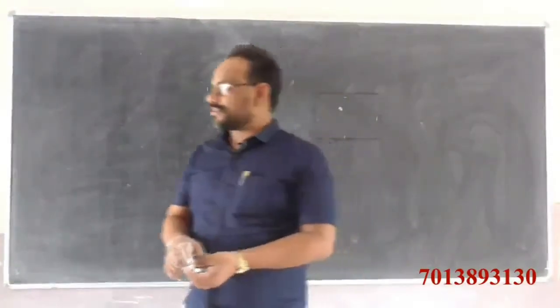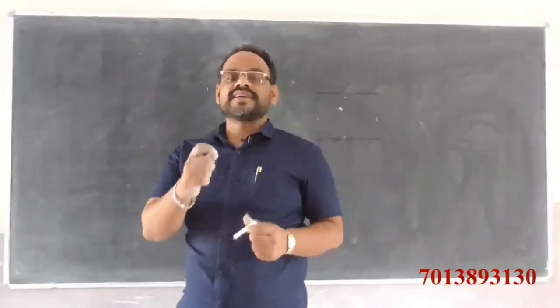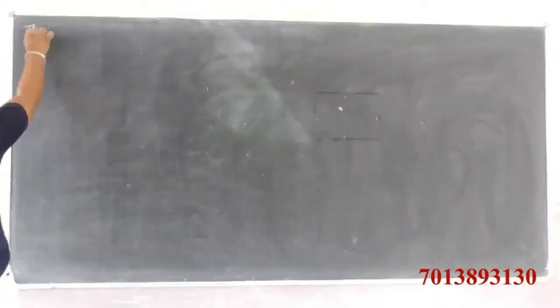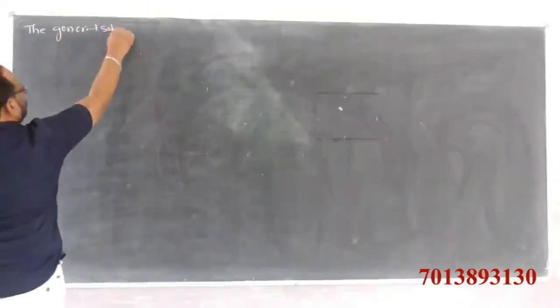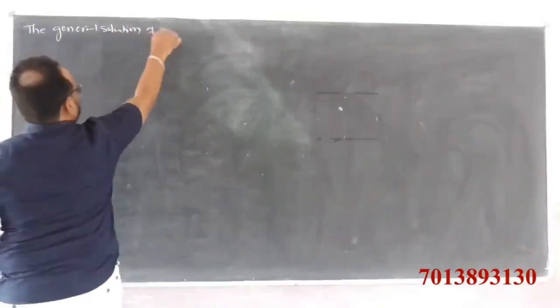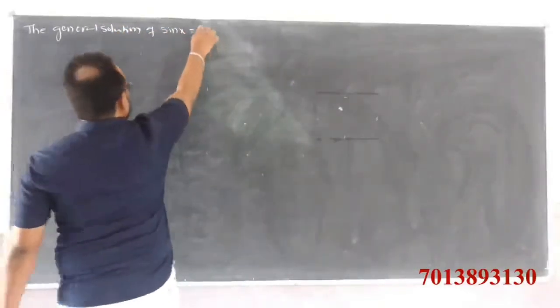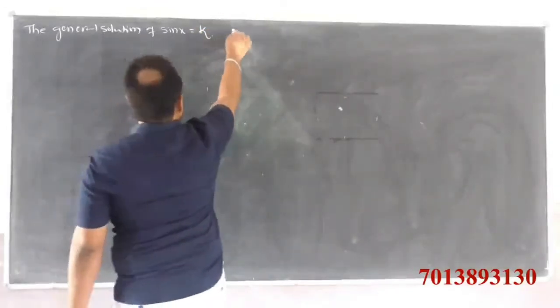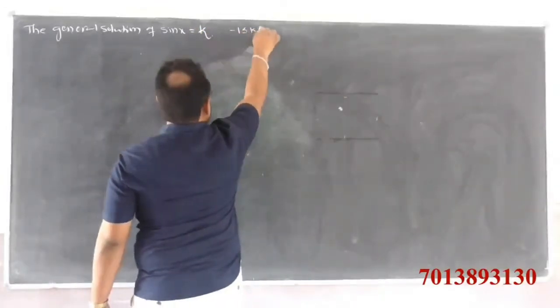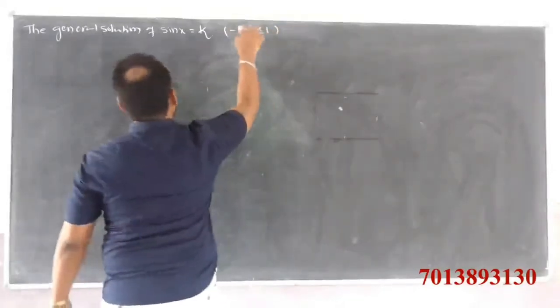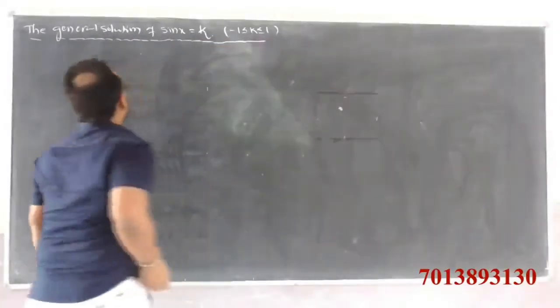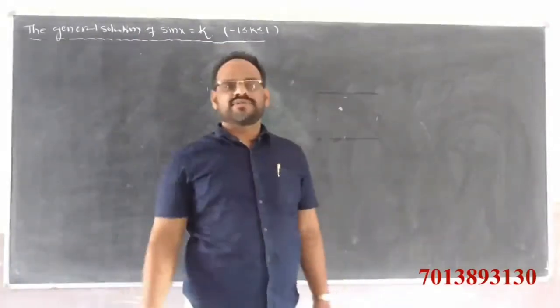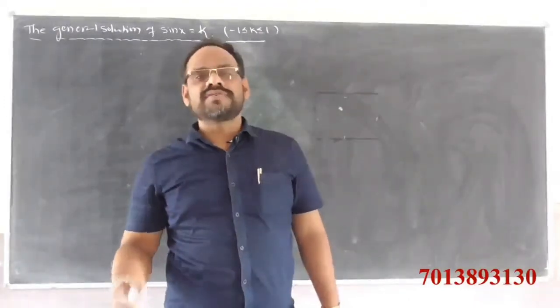Now we discuss the general solution of sin x equals k, where minus 1 is less than or equal to k is less than or equal to plus 1.